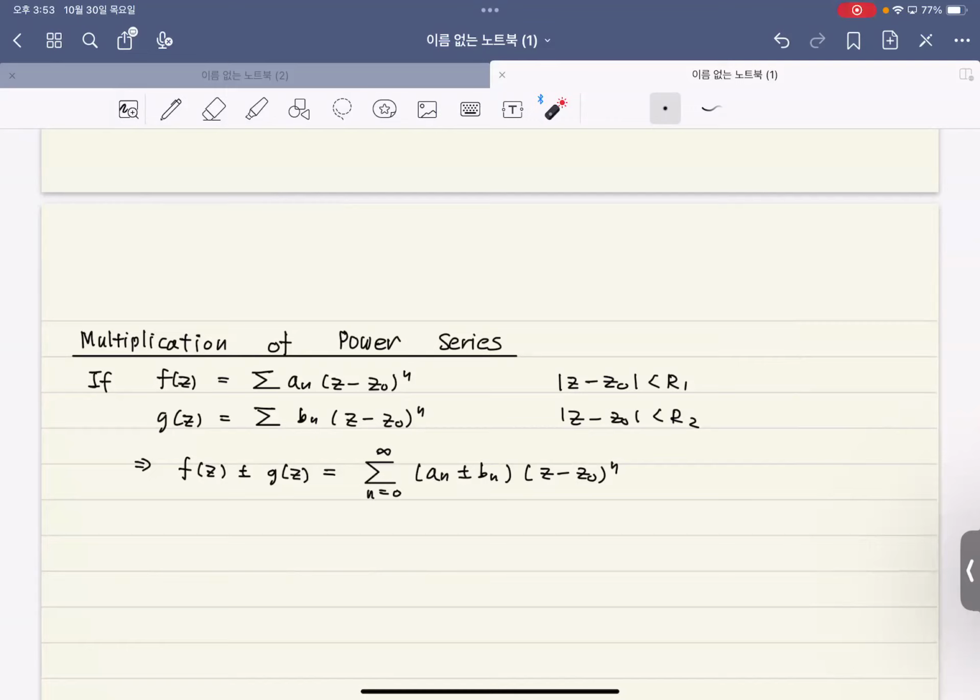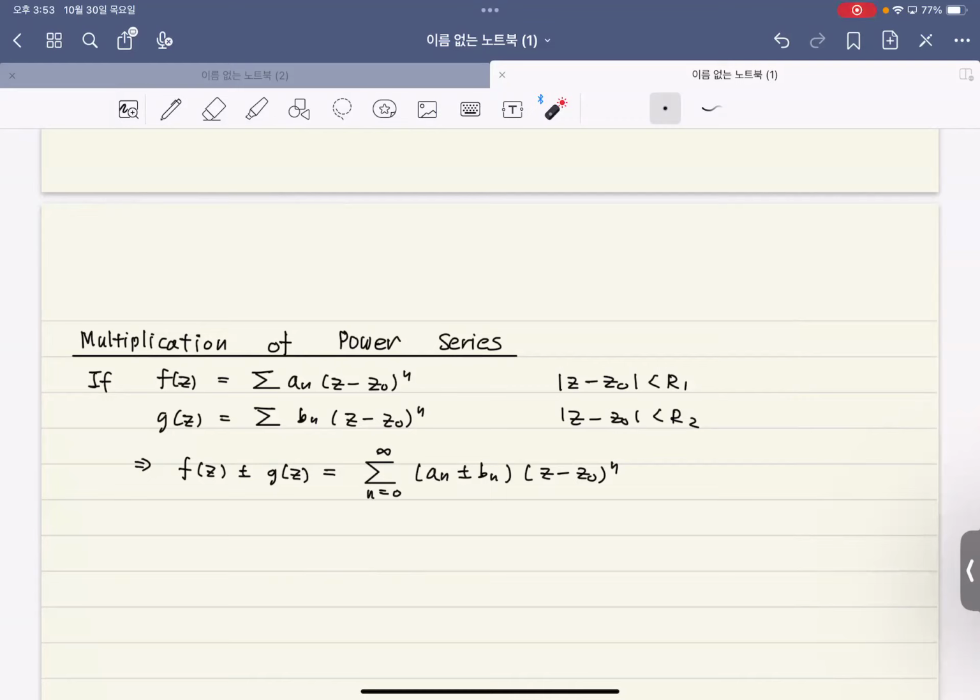And you can always add or subtract two partial sum sequences. If those two are converging to some number, then the addition and subtraction of these two power series should also be converging to some number, which is guaranteed. So there's nothing much to prove about this. Let's take this for granted.